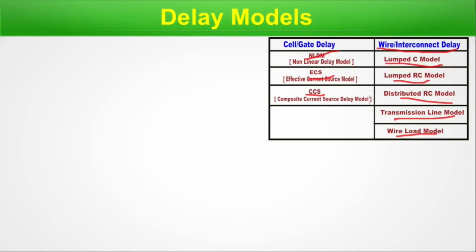All these delay models and their data are usually mentioned in the Liberty file. We have episodes on characterization; the link is in the description. Watch the episode and you will get a better and clearer idea about all these models. Since today's episode is concentrated on wire or interconnect delay, I am just touching base on these names, but actually we will discuss these models in detail. RC network and gate delay modeling.